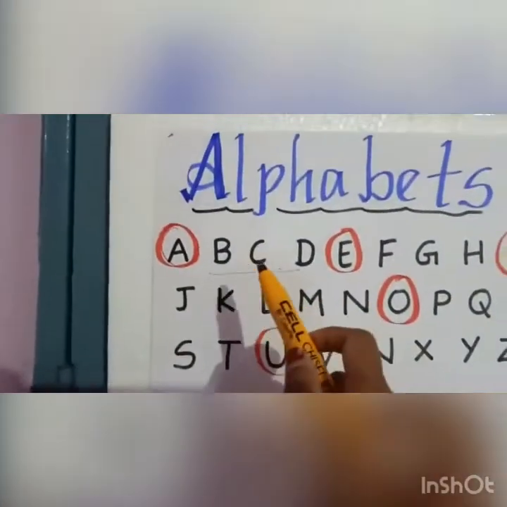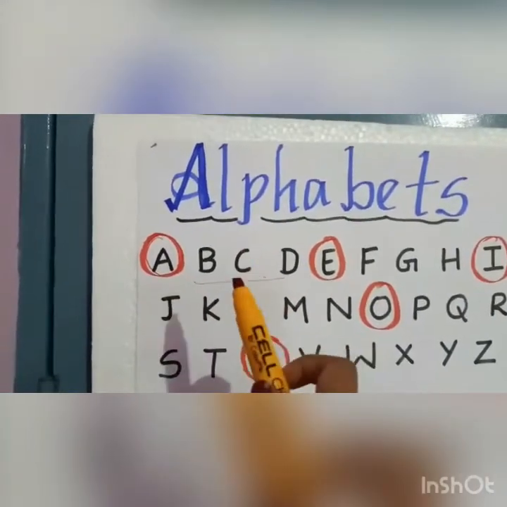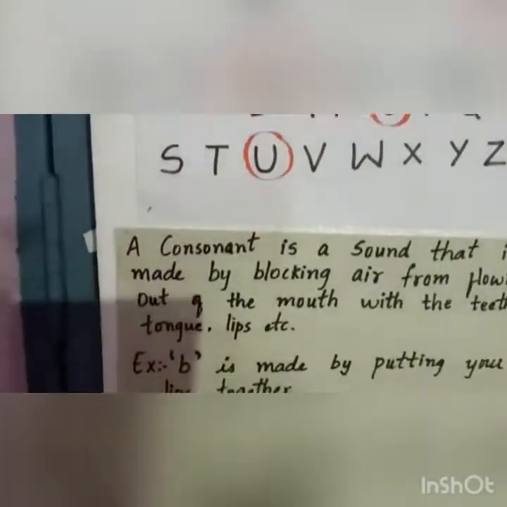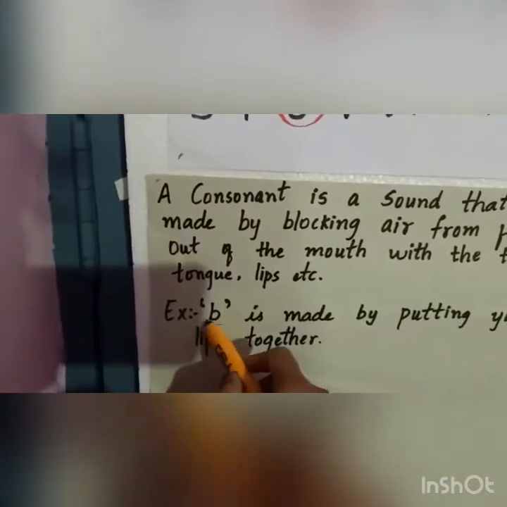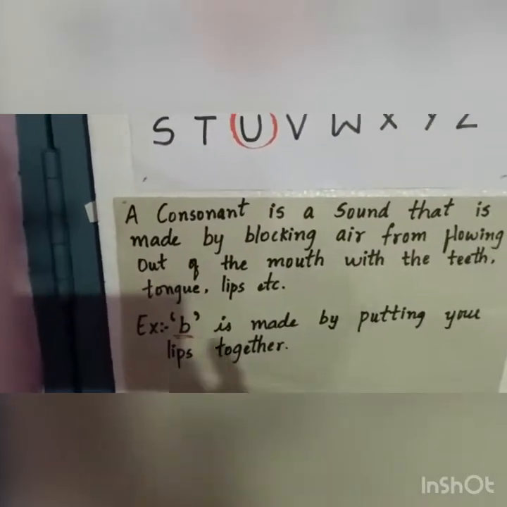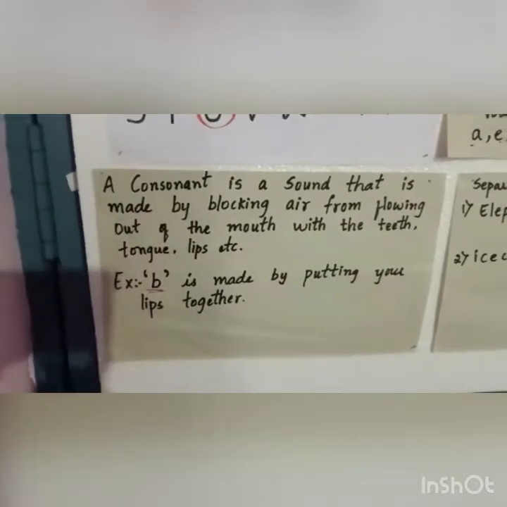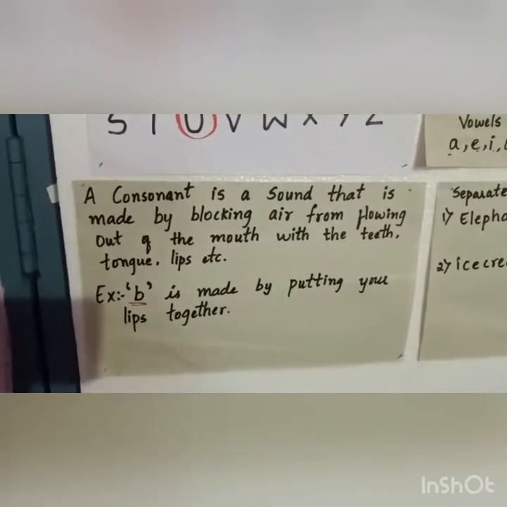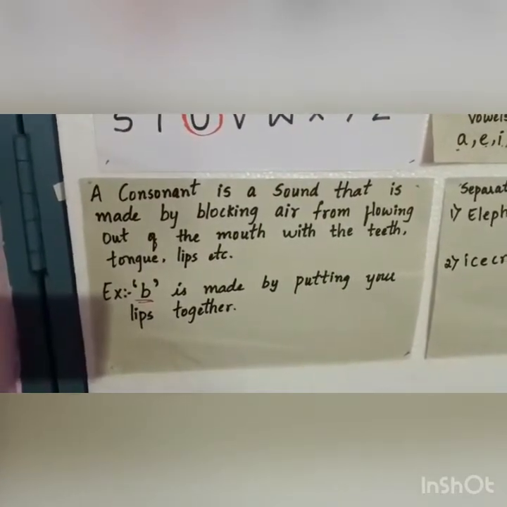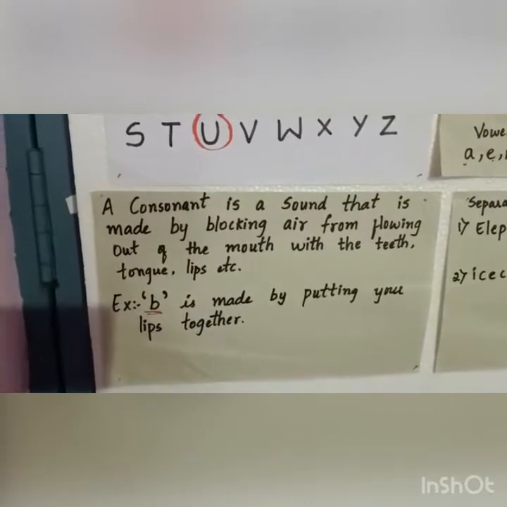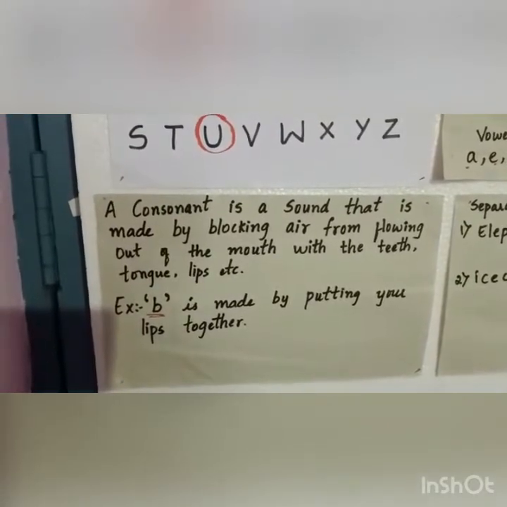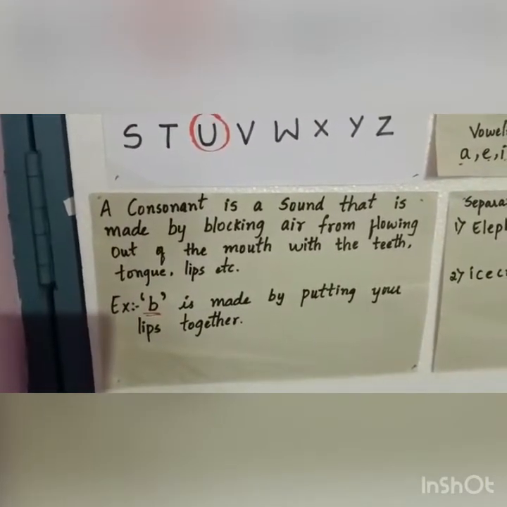Say now loudly B. When you're saying this B consonant, what is happening? Your lips are closed together. So when you do so, your air is blocked for a second and then you release it.